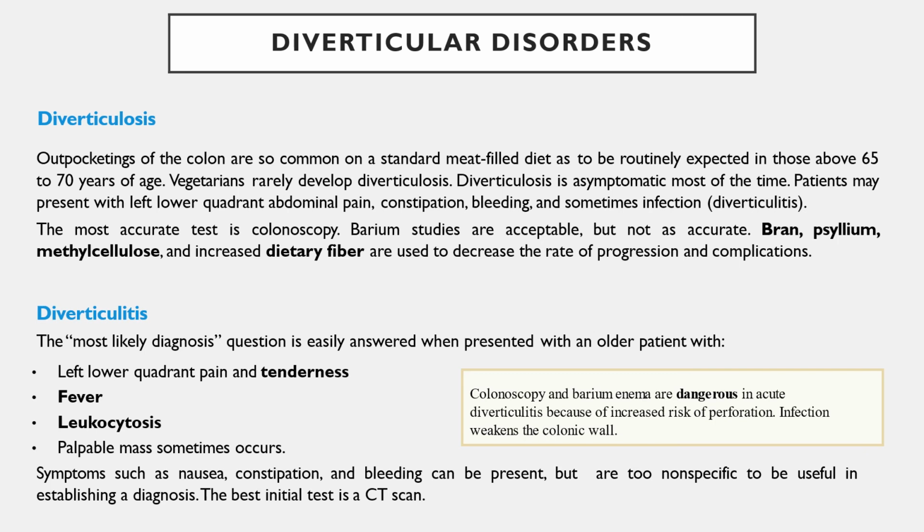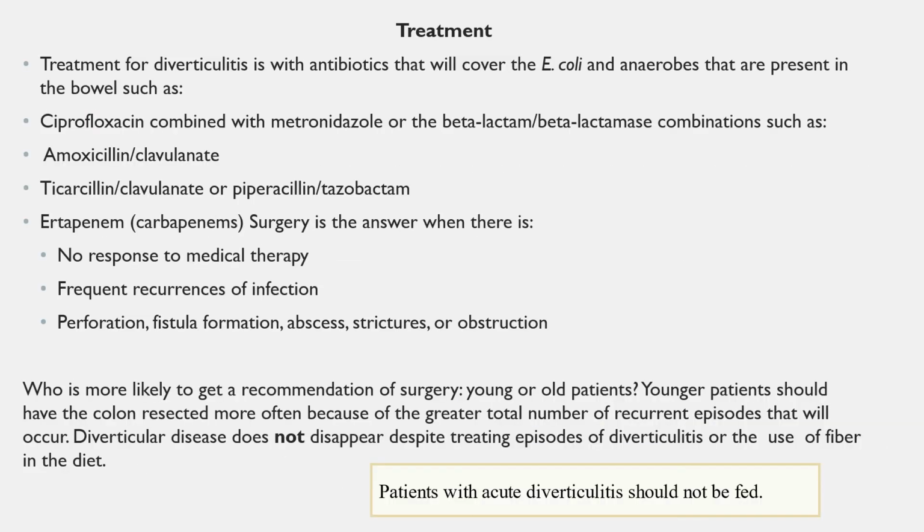And let's go to slide 12, which is the last slide. The treatment of diverticulitis is with antibiotics which cover E. coli and anaerobes, the organisms present in the bowel, such as ciprofloxacin combined with metronidazole, or beta-lactamase combinations such as amoxicillin clavulanate, ticarcillin clavulanate, or piperacillin tazobactam.